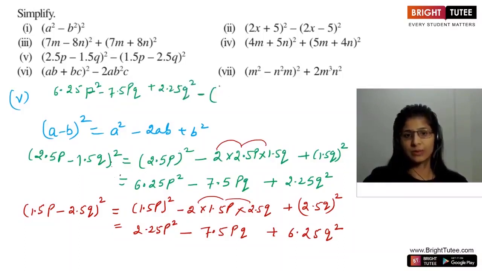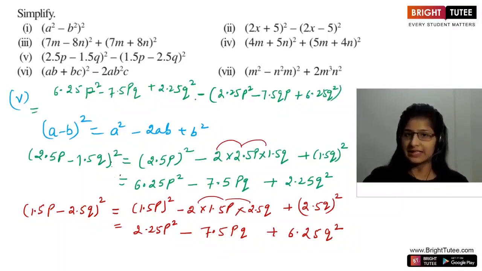From this we have to subtract 2.25 p square minus 7.5 qp, then we have plus 6.25 q square. So when we solve it, because outside there is a negative sign, we'll change the signs inside. So after this, what are we going to get here?